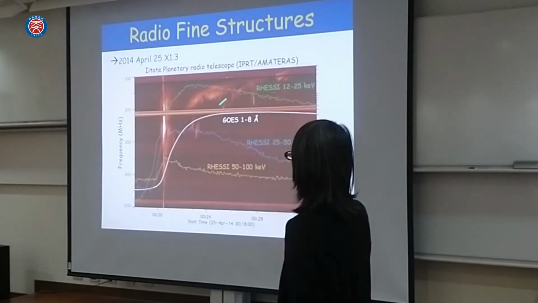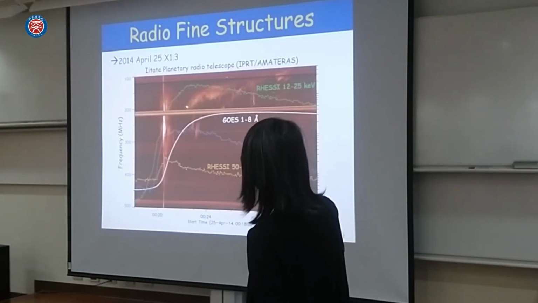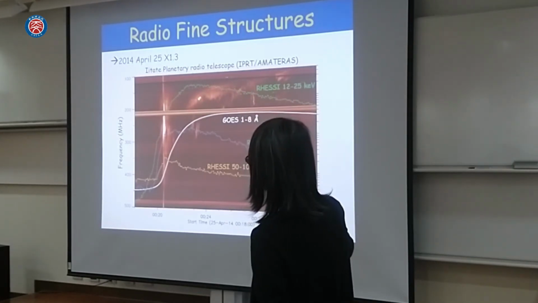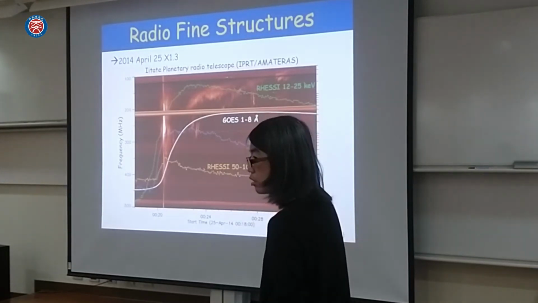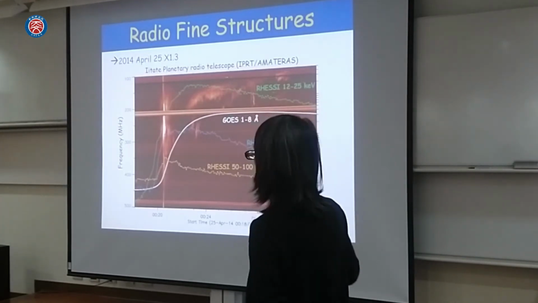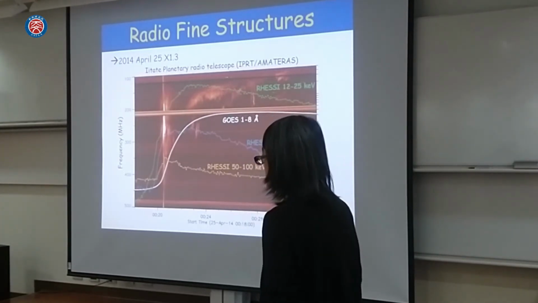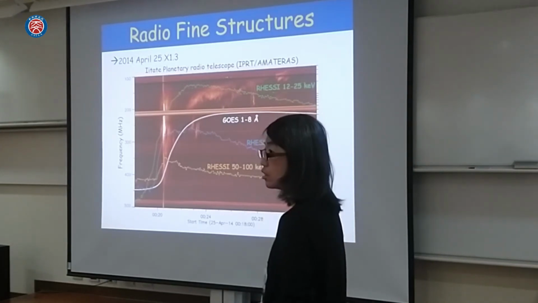And at the later phase, there is a radio signal over here. This radio emission we call the type 2 radio burst, and this type 2 radio burst is usually related to the CME-driven shock or interplanetary shock.